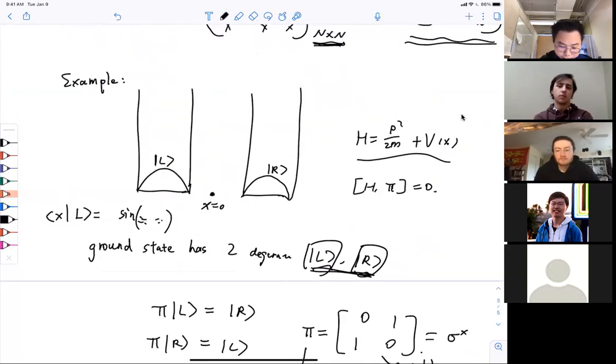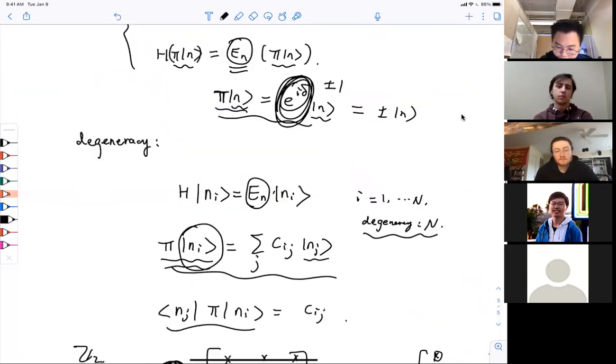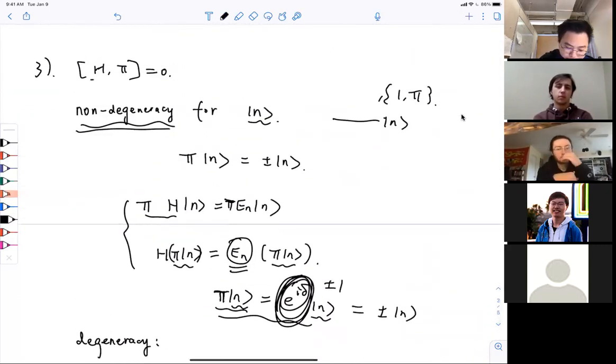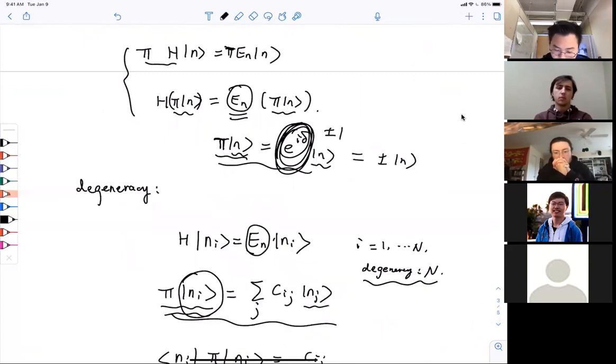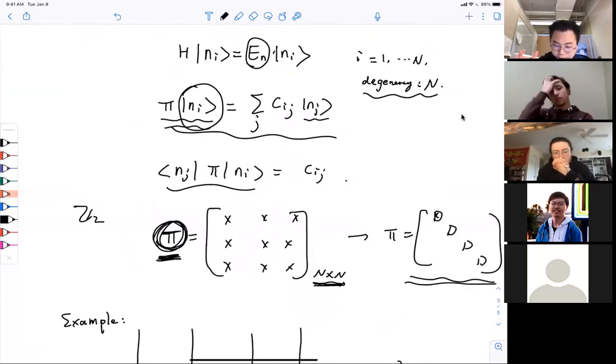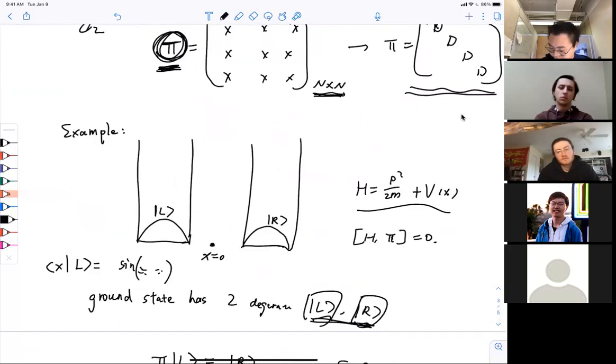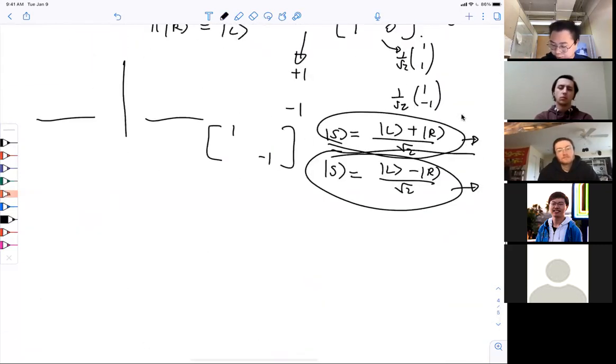Whenever the Hamiltonian commutes with the parity operator, you can always do this kind of analysis: separate all the eigenstates into two parts, one odd and one even. Even if they are degenerate, you can always do some superposition like what we did here to make them even or odd.